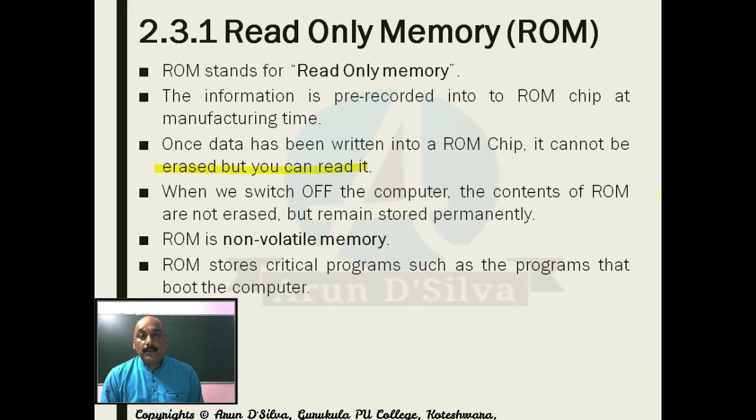That's the reason when you press it, your monitor switches on, your mouse is detected, your keyboard is detected. If you are connected with a printer, a camera, or any other external peripheral devices, they will be activated and visible in the computer. This work is done by the ROM.